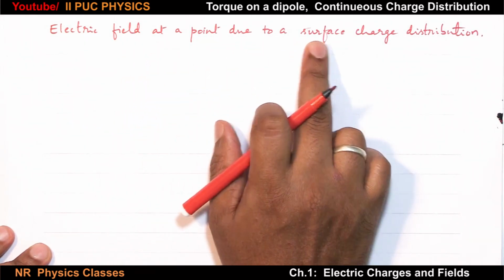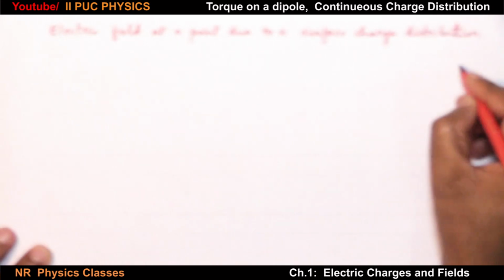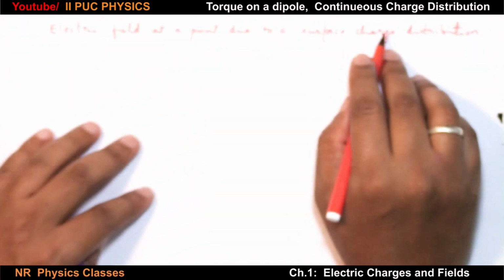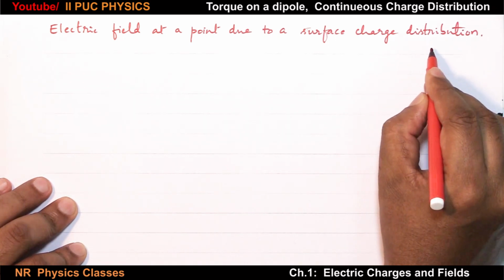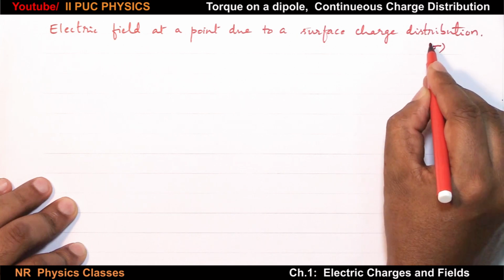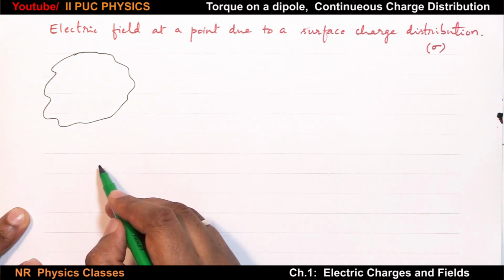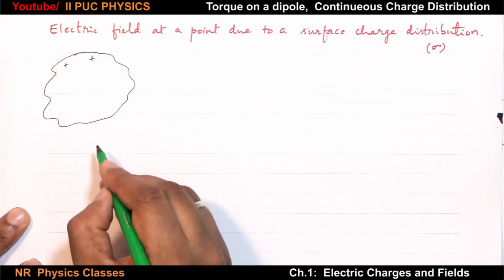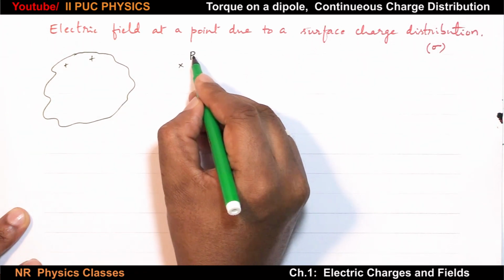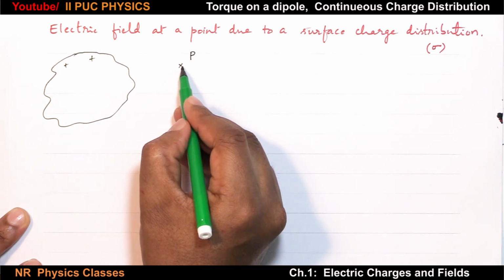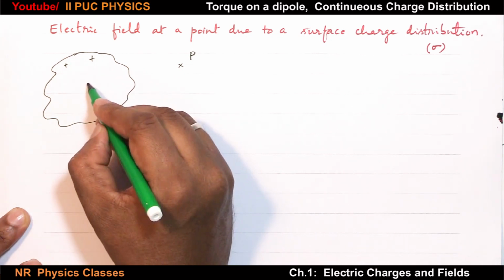Electric field at a point due to a surface charge distribution. In a surface charge distribution, we have to consider the surface charge density sigma. Let this be a sheet of charge, positively charged. This is point P. To find the electric field at P due to this entire surface, let us consider a small region.